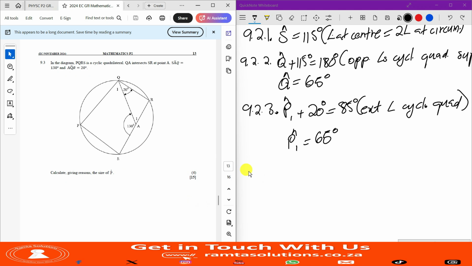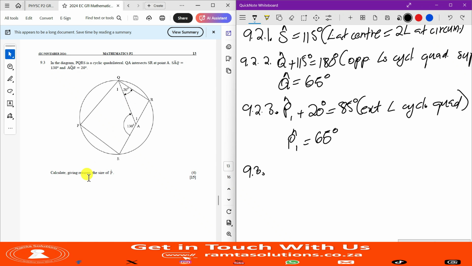Now 9.3. In the diagram, PQRS is a cyclic quadrilateral, indeed, because the points are lying on the circumference. QA intersects SR at point A. Angle SAQ is 130 degrees, and angle AQR is 20 degrees.